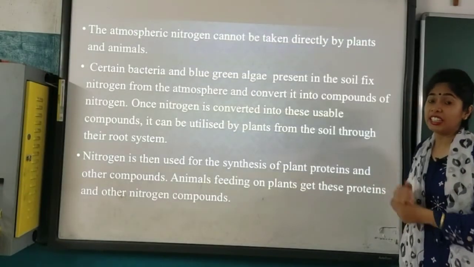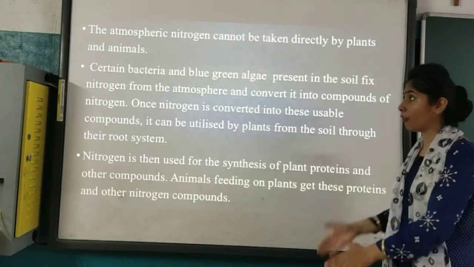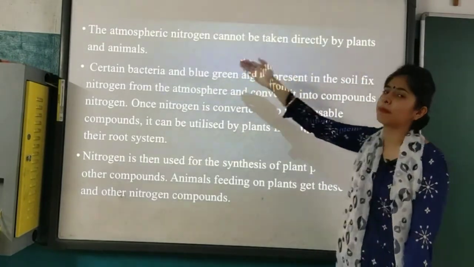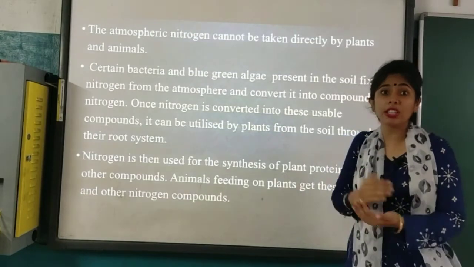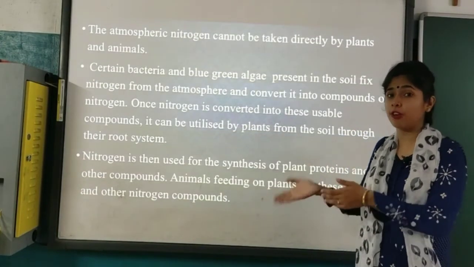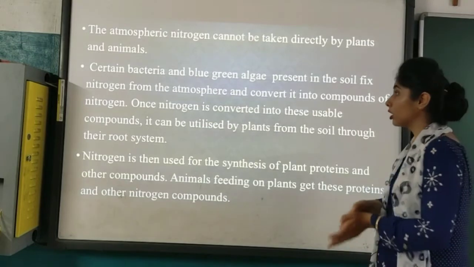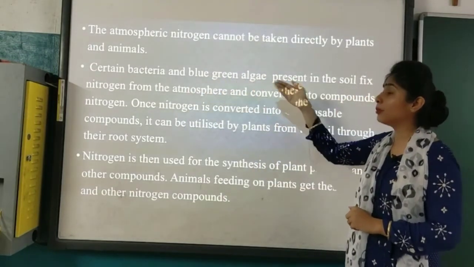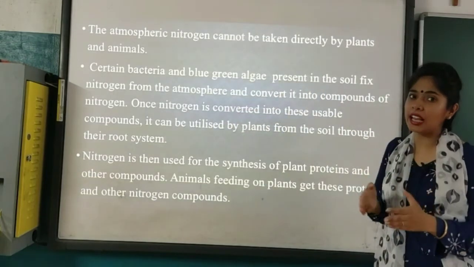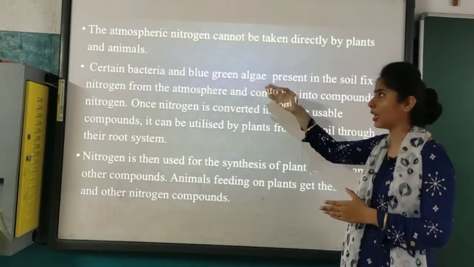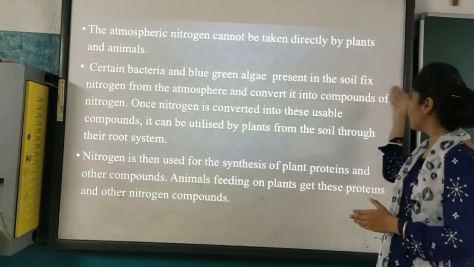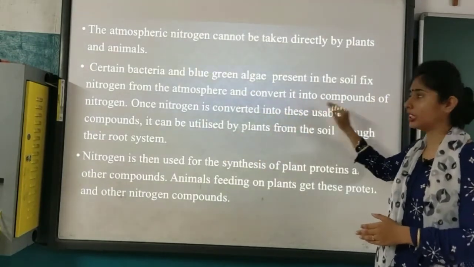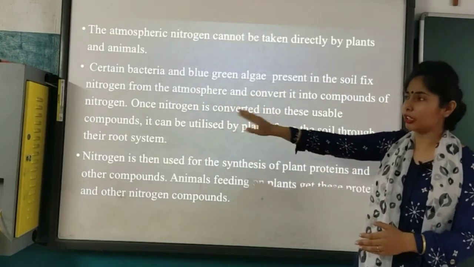So let us see it in detailed form. The atmospheric nitrogen cannot be taken directly by plants and animals. So for that, what do we need? The rhizobium bacteria for fixing nitrogen in the plants. Certain bacteria and blue-green algae, an algae present in the soil, fix nitrogen from the atmosphere and convert it into compounds of nitrogen.